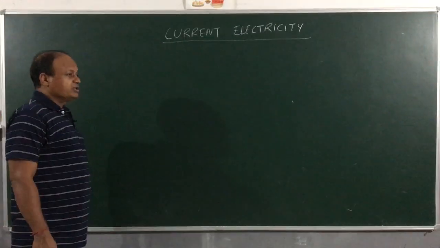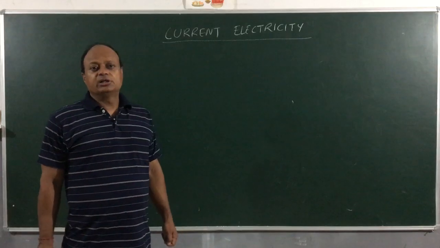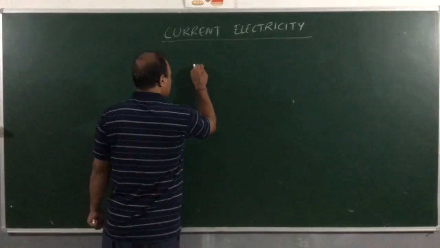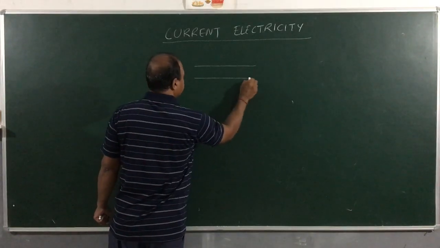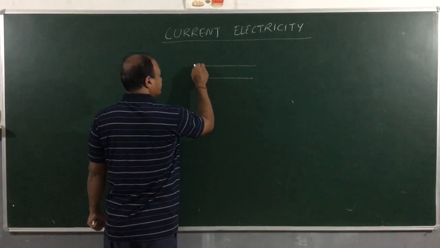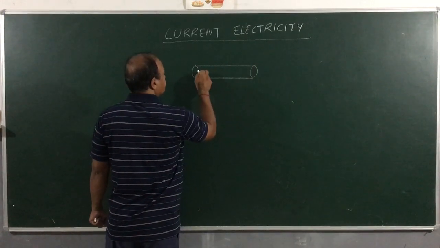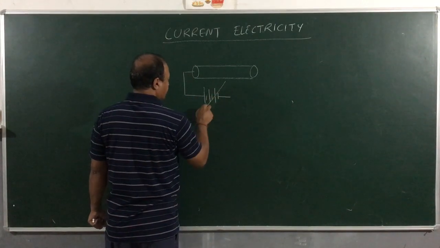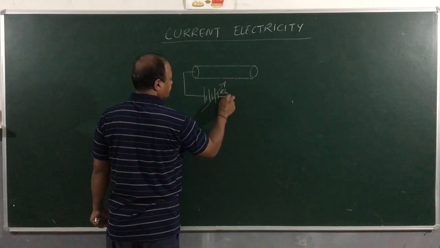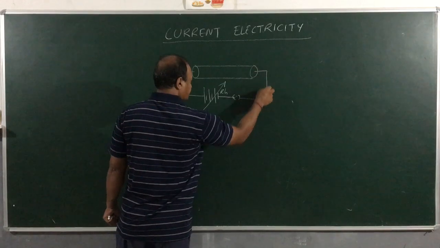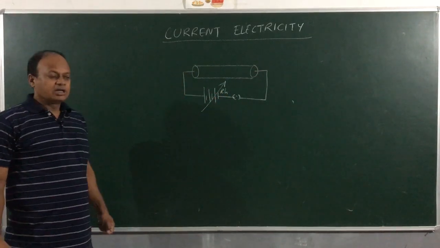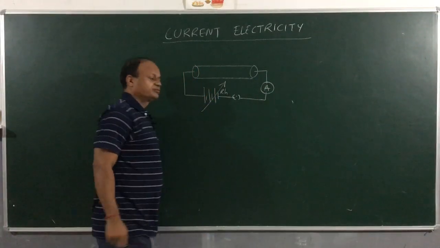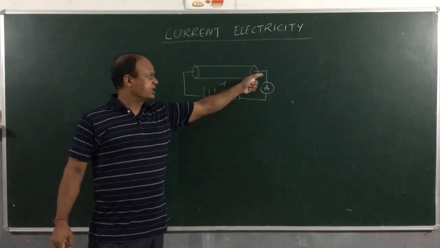Now we will see what exactly the dependence of potential difference on electric current is. You see, if I take a conductor out here, this is a magnified view of a conductor, and apply a variable potential difference out here, and also connect an ammeter to determine how much current is flowing through this conductor.